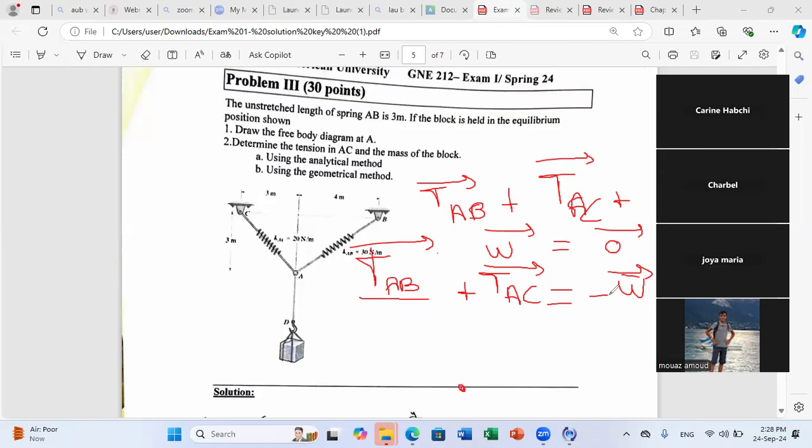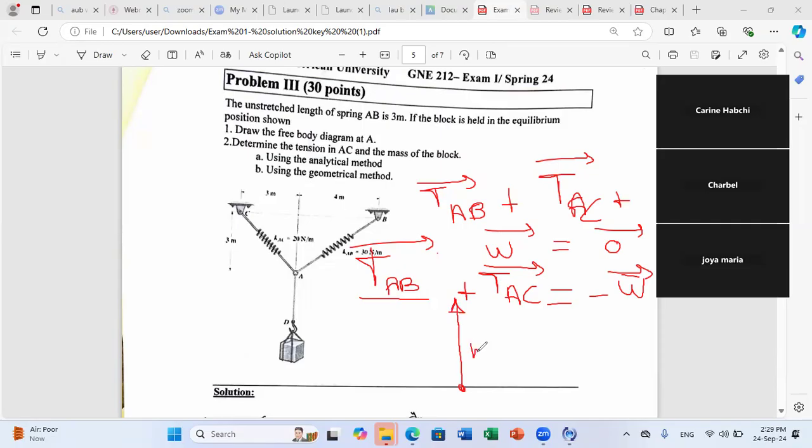I know that the resultant is minus W, and since the weight is vertical but downward, minus W is vertical upward. So I have a vector up equal in magnitude to m times g.